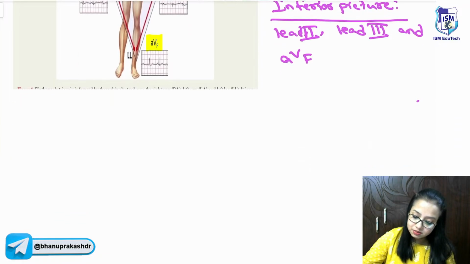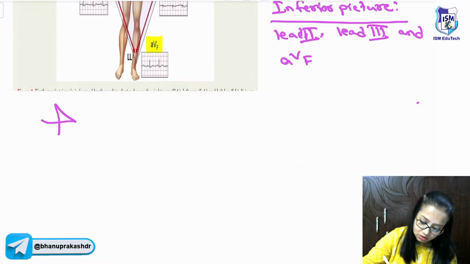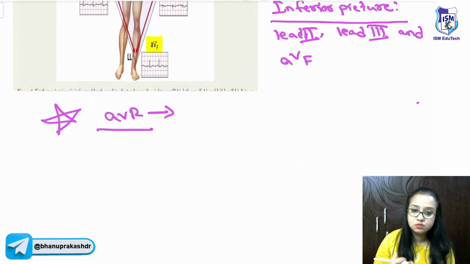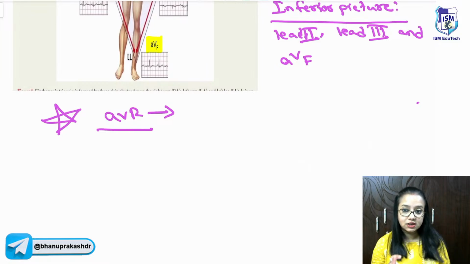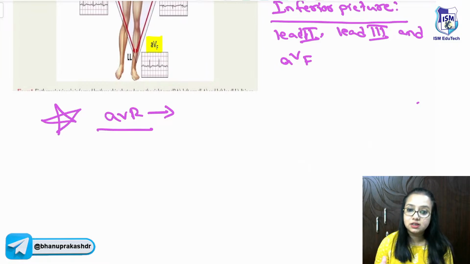Now you must be wondering what happened to AVR. Though it is useful in understanding certain waves, in most cases it is like a ritualistic lead with not much significance in understanding the electrical activity.